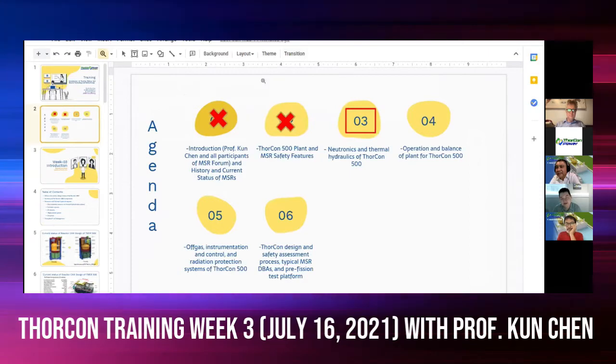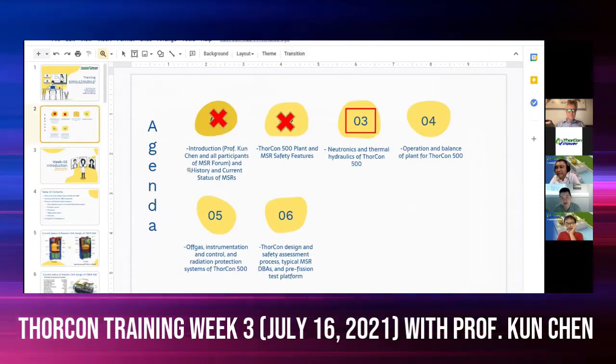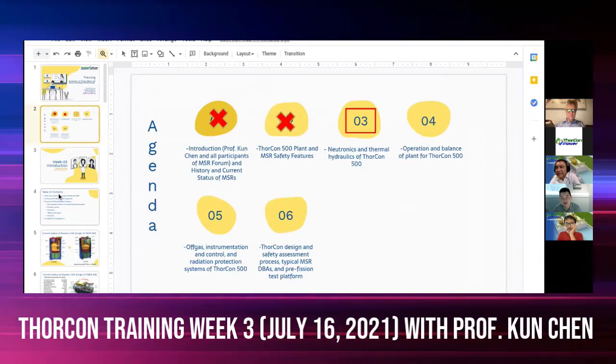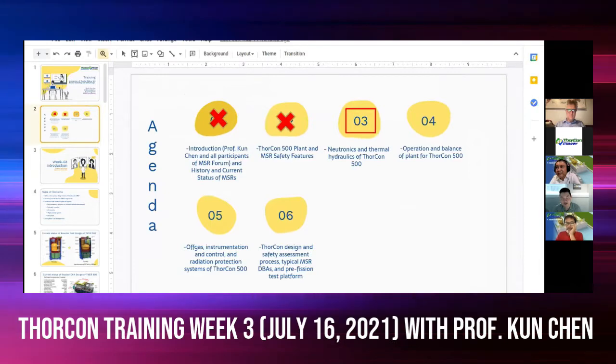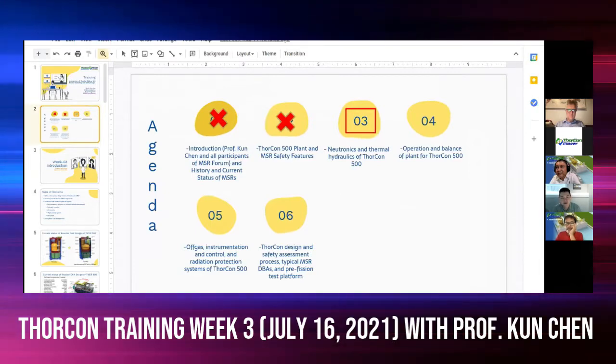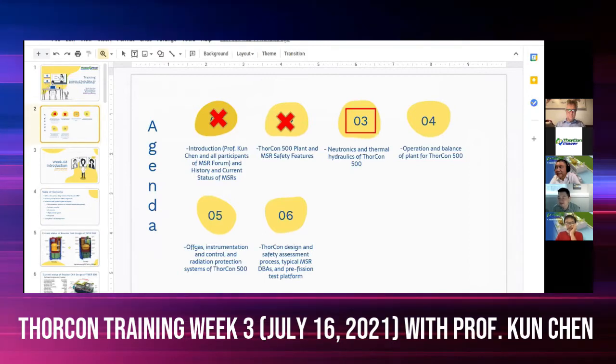And in week 6, we're going to introduce the design and the safety assessment. So a lot of questions you may have today, we still get a chance in the next several weeks to talk about that. So without too many words, I'd like to give the floor to Lars.